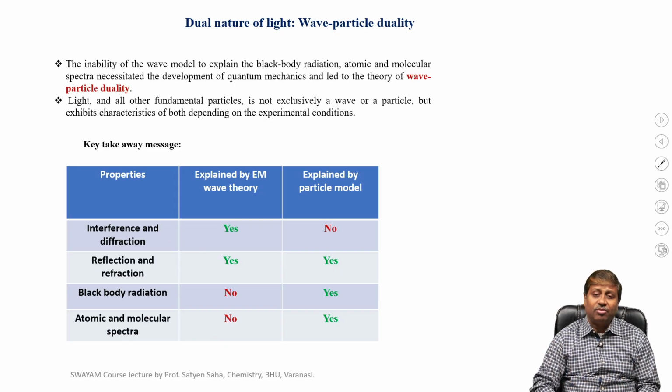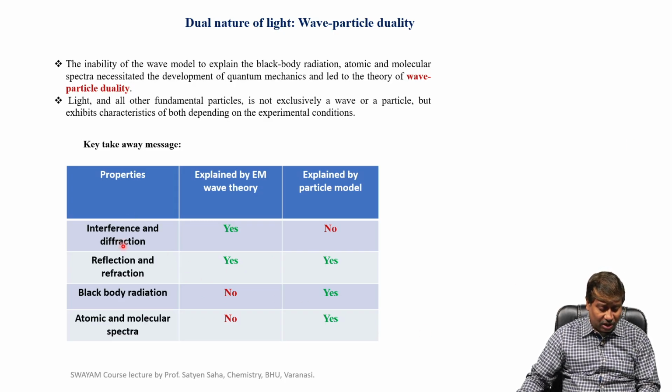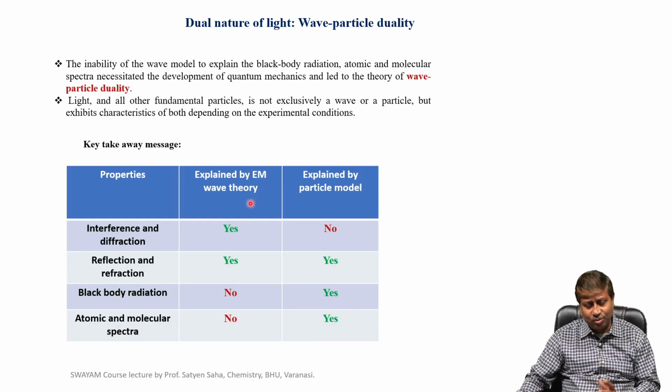Then comes wave particle duality, when somebody said that light has both wave and particle nature, and that person was de Broglie. So, what have we seen so far? If light is considered a pure wave, then it is fine for explaining interference, diffraction, reflection and refraction.